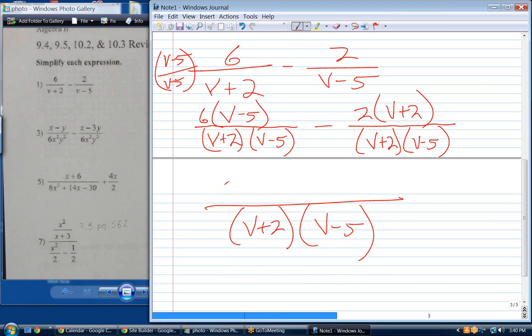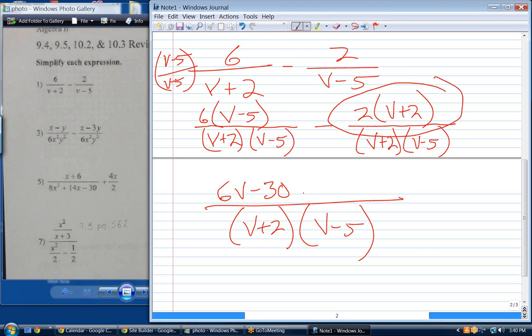6 times v minus 5, minus 30, because I got to distribute the 6. Oh, right. I got to distribute the 6 to both. And the only thing I have to be careful about doing that is that I put parentheses around it, because there aren't any parentheses there to begin with.